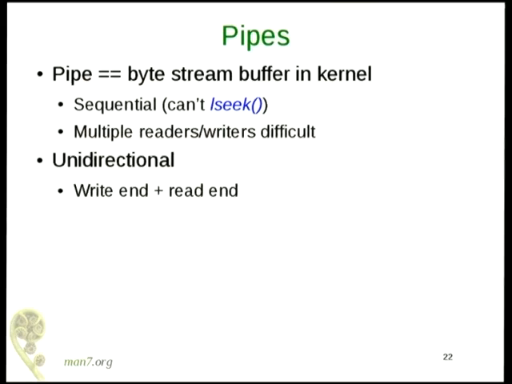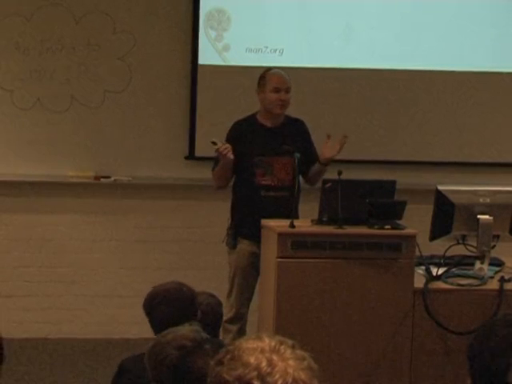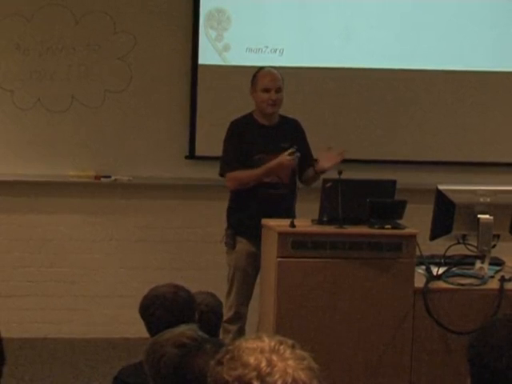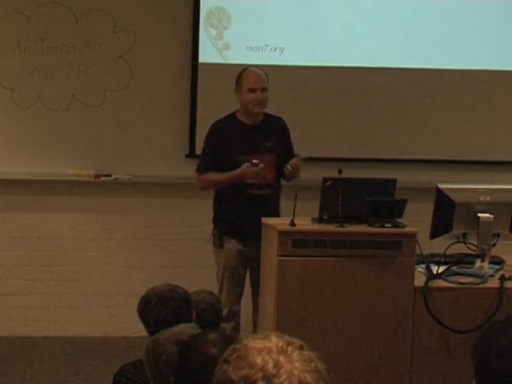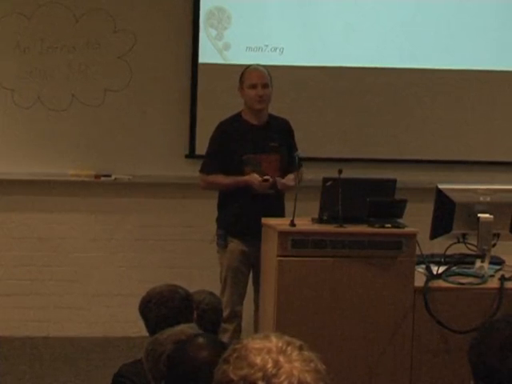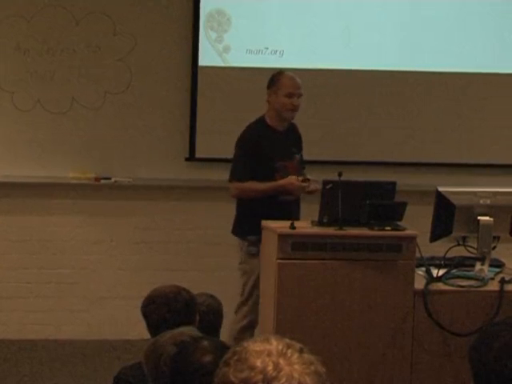And I said this already, it's unidirectional. One thing, because it's a byte stream, you can't have multiple readers and writers. I mean, technically you can, but because data might be interspersed between writers, or readers would compete to read the bytes. Practically, it's difficult to do anything useful with multiple readers or multiple writers.